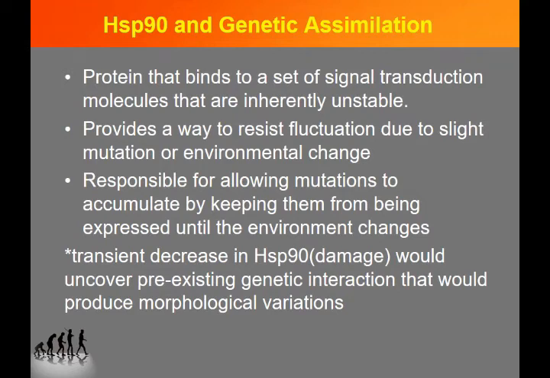The next topic is HSP90 and genetic assimilation. What is HSP90? HSP is heat shock protein. That means the protein binds to a set of signal transduction molecules that are inherently unstable. This provides a way to resist fluctuation due to slight mutation or environmental change, and it is also responsible for allowing mutations to accumulate by keeping them from being expressed until the environment changes.